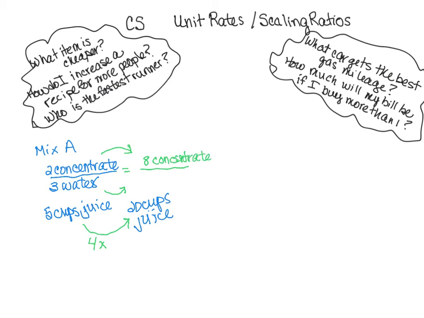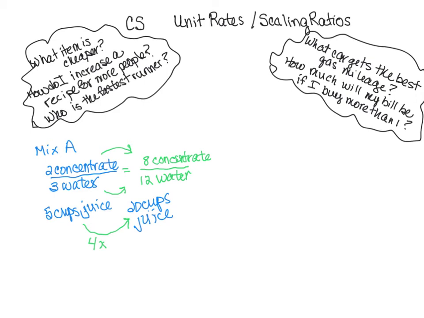And I'm going to need 12 cups of water. Because if I add them together, that's going to get me my 20 cups of juice. So that is very simplistically the idea of scaling up. I'm increasing each of the pieces of the ratio and actually creating a proportion. So notice proportion, equal ratios, and we talked about that in the last investigation.